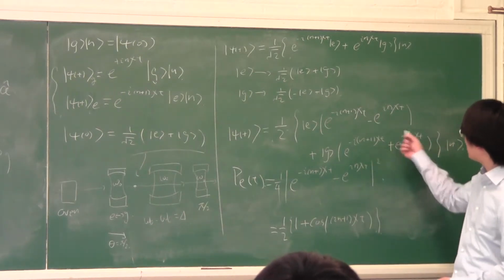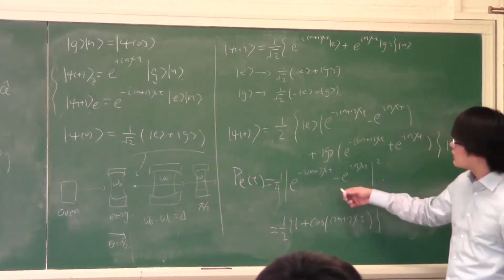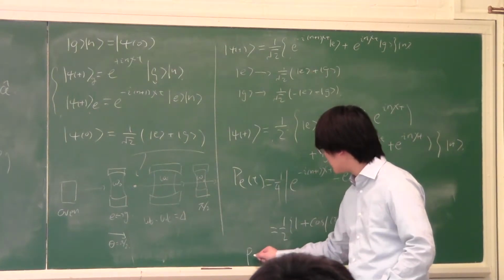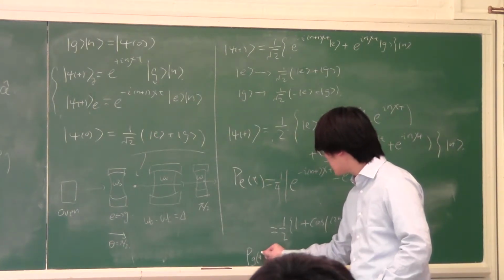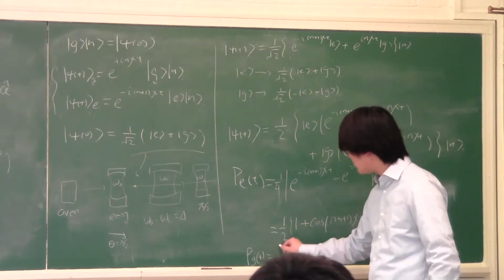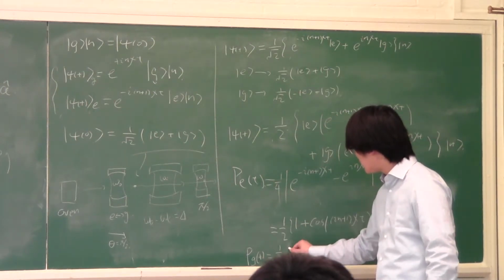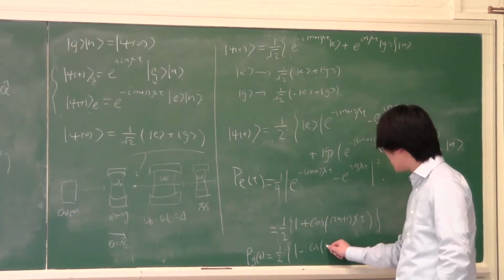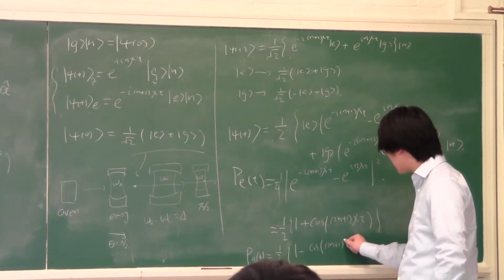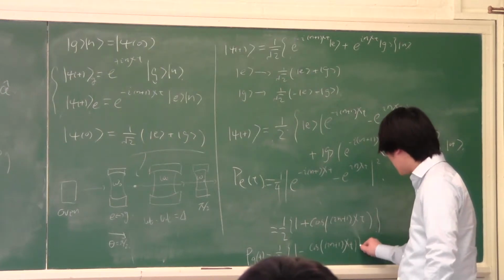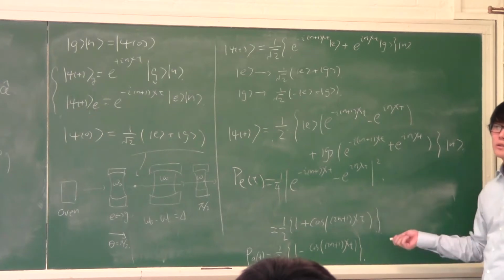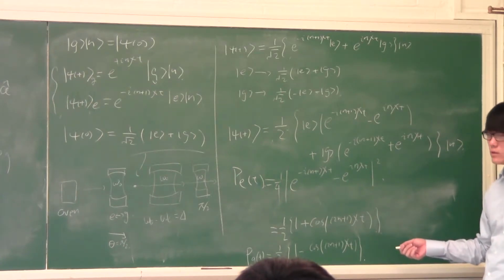And then similarly for this one, there's a plus, so you get a cosine squared. Cosine squared goes to 1 minus the double angle. And the probability to find the ground state is 1 minus cosine. As a sanity check, these two sum to 1 at all times, so that's good.